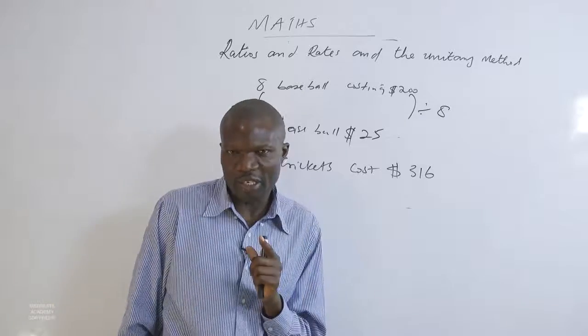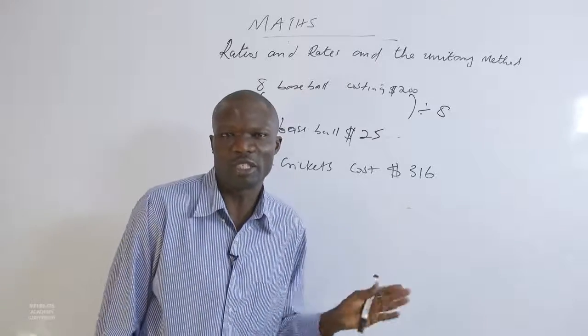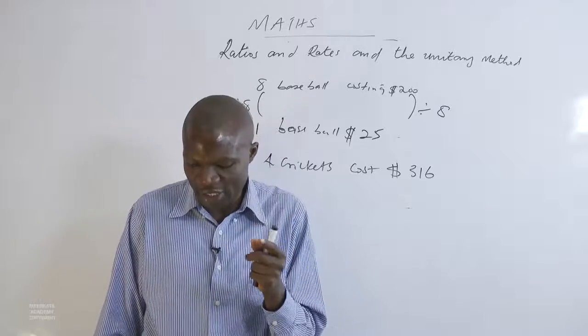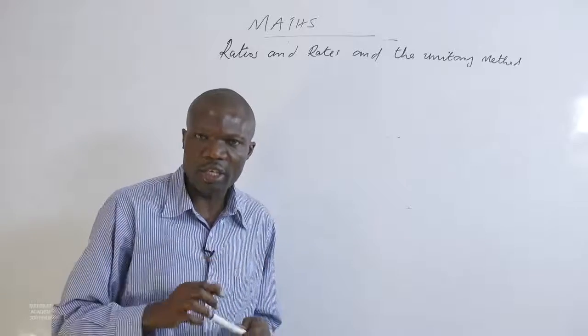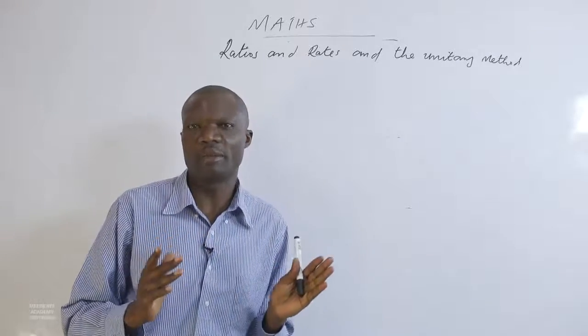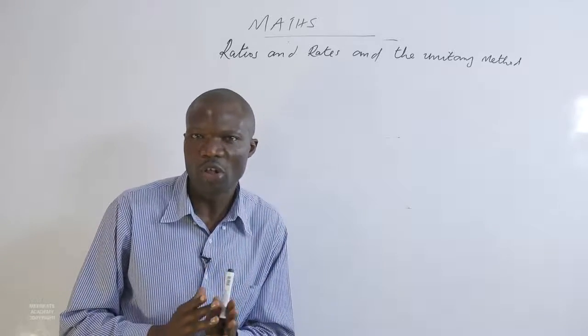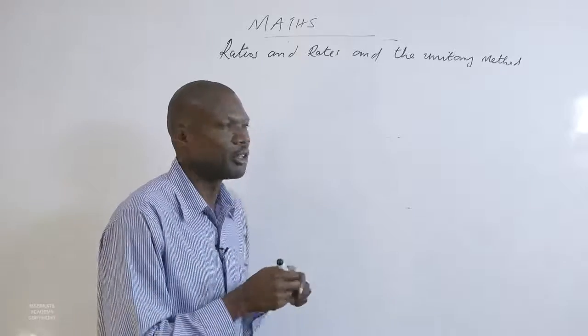So then the question comes here. What is the best way to approach these questions? So we shall start by understanding the unitary method. Now I'll not write this one down, but I'll explain it because we did it previously in chapter 4. We are doing it again today. Unitary method.